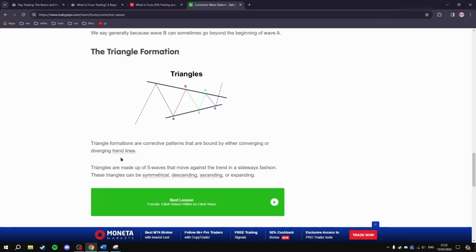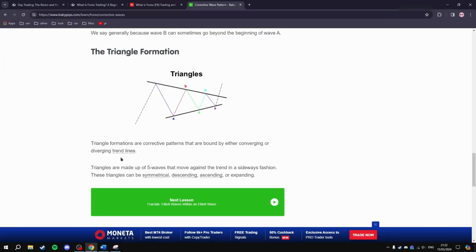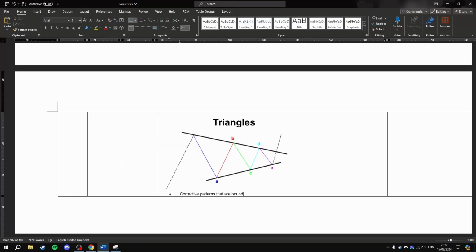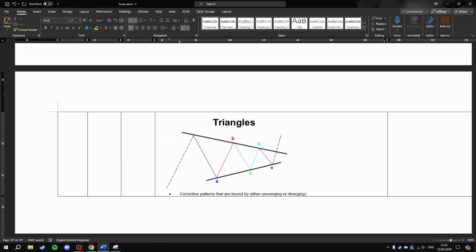Triangle formations are corrective patterns that are bound by either converging, so they come in together towards one point, or diverging, so they start spreading out, trend lines.